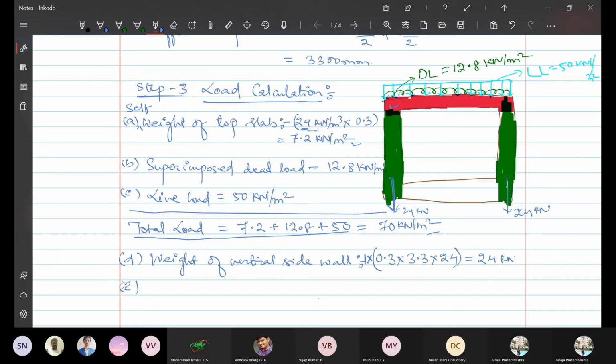Right. So the next one is E, the soil pressure. Now what about the soil pressure? So see here, let me share.